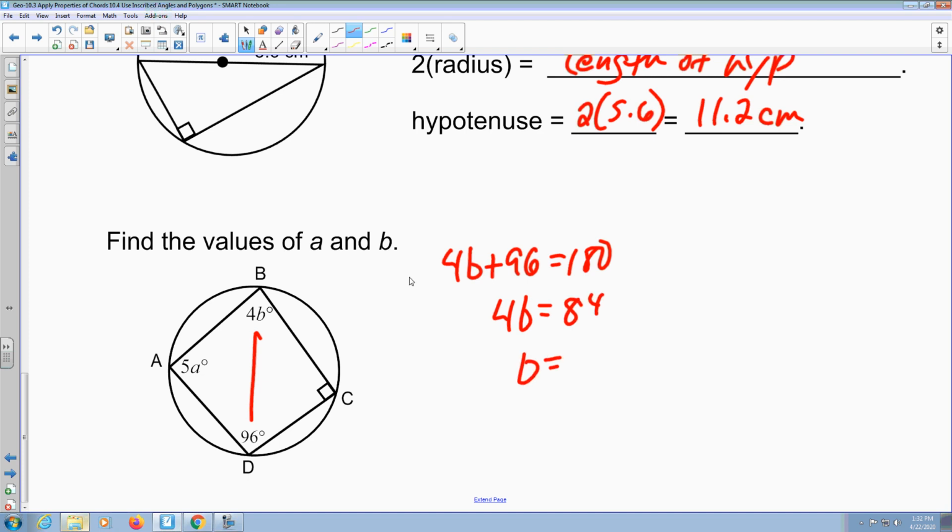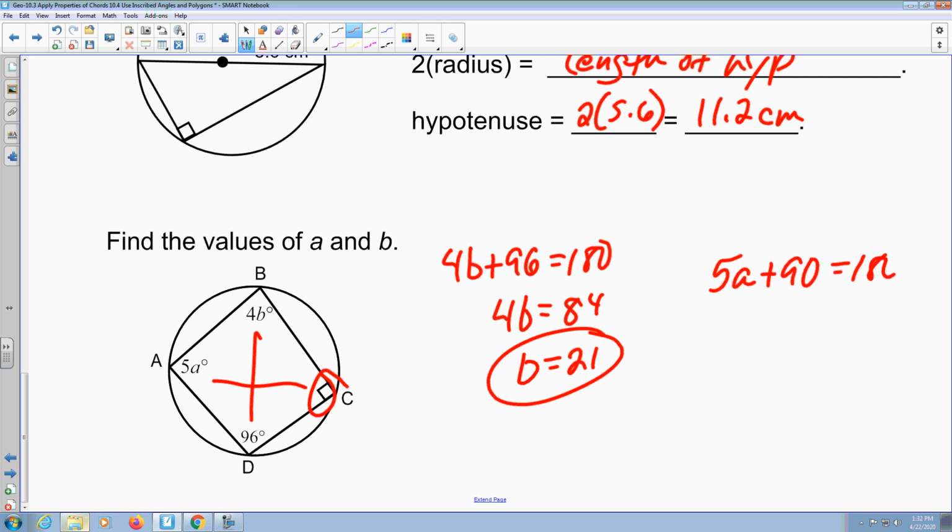Divide everything by 4, B equals 21. To find A, I go here. Well, this is a right angle. The measures are 90, so it's going to be 5A plus 90 is equal to 180. Subtract 90. So I got 5A is equal to 90. Divide by 5 on both sides. A will then equal 18.